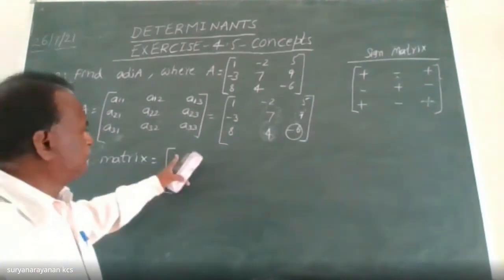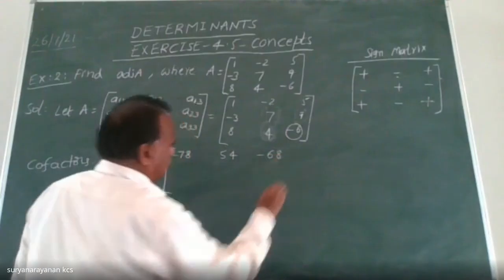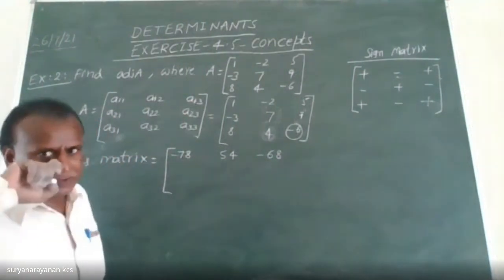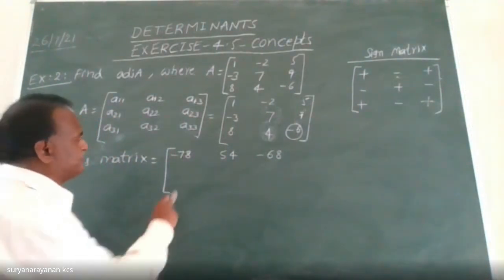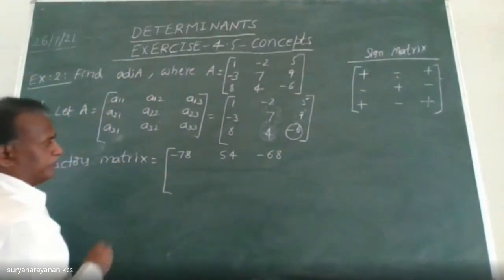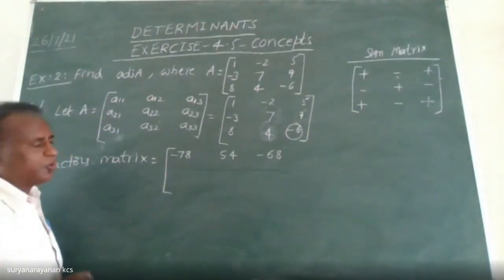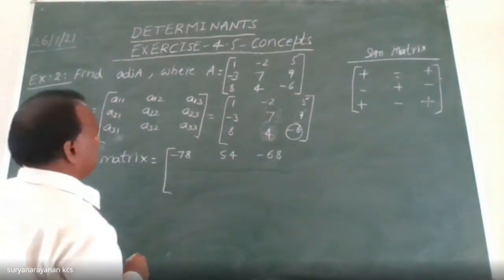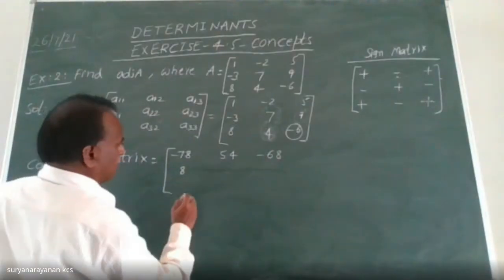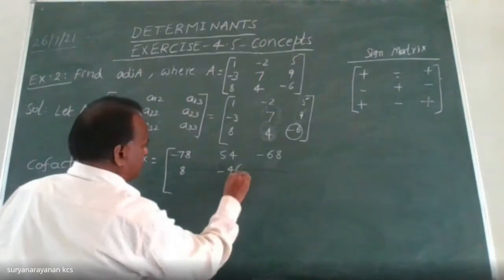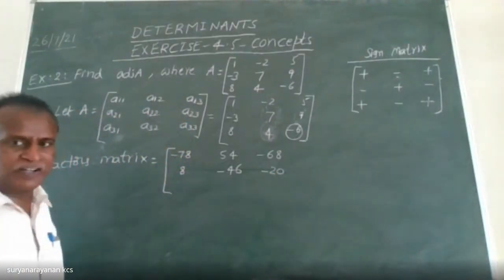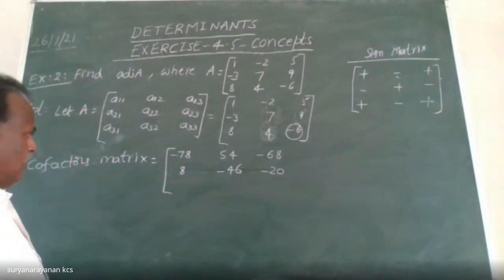Sir, minus 78, 54, minus 68. What are the cofactors of the second row elements? Tell me fast. 8, minus 46, minus 20, sir. What are the cofactors of the third row elements?